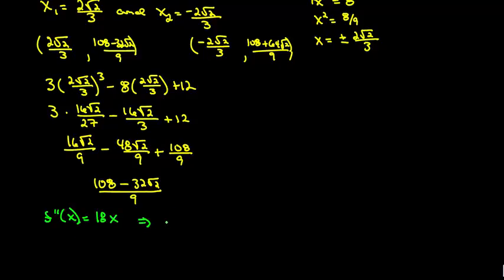So this implies that f double prime at 2 square roots of 2 over 3 is equal to 18 times 2 square roots of 2 over 3, which will end up being 18 divided by 3 is 6 times 2 is 12 square roots of 2. And that's clearly a positive number.